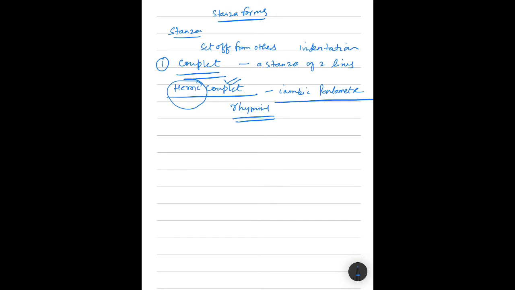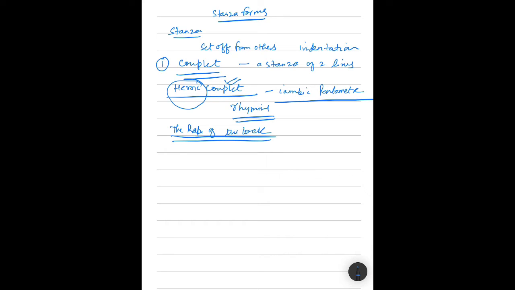The word heroic is very significant here. It is called heroic because it was used extensively in heroic literature. We have the example of heroic couplet found in the Rape of the Lock. The Rape of the Lock is written in heroic couplet.